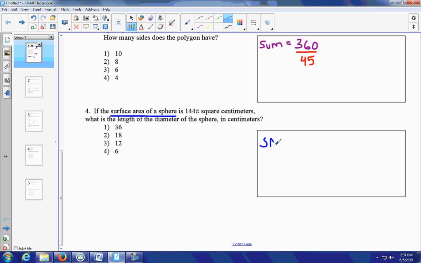Surface area equals 4 pi r squared. So if I know the surface area, I would say that 144 pi equals 4 pi r squared. Then I could solve to get r by itself, and once I know the radius, be careful, it's asking for the diameter.